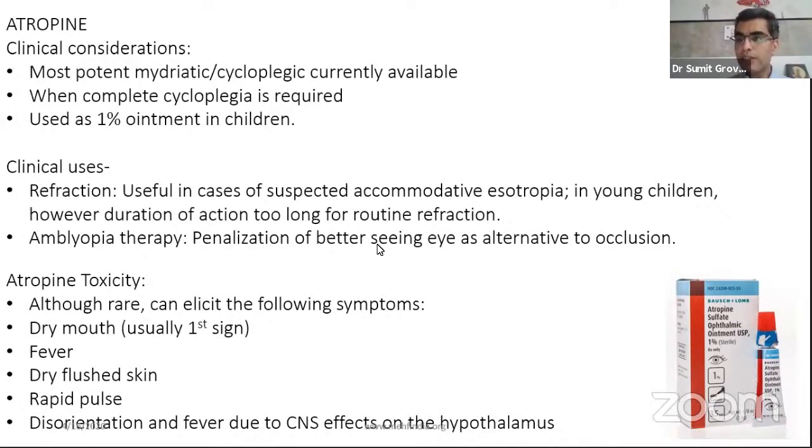Like we say, take ointment even lighter than a grain of rice and apply it in the child's inferior fornix, 3 times a day for 3 days, and follow up after 3 days. And the mother is also advised that if the child develops fever, redness of the skin, or rapid pulse, the drug should be discontinued at once, and the child should be referred to any pediatric health facility.